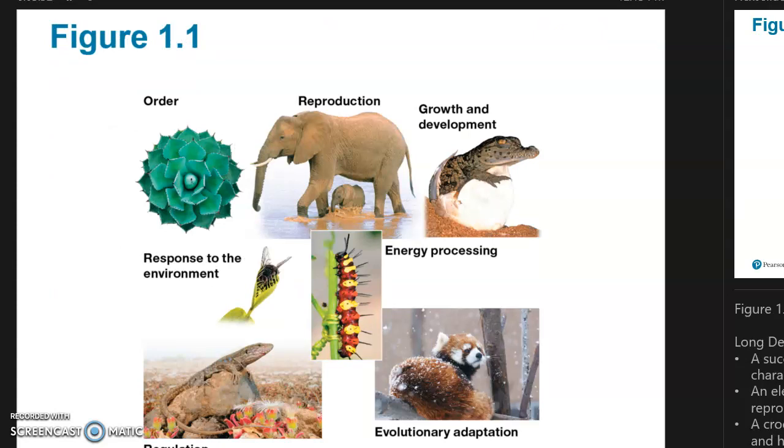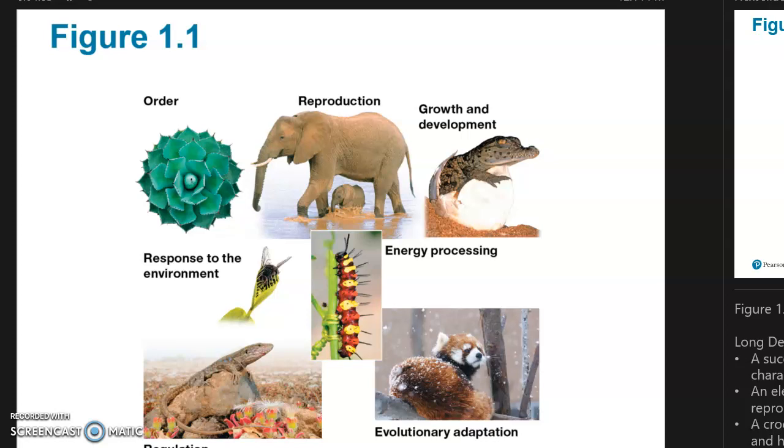Okay, so order, any type of organization, that's showing a hens and chicks plant or a sempervivum plant and how the leaves are organized. Reproduction, growth and development: organisms, even the more complex ones, start out as a single cell, and that cell divides, and as you get more cells, those cells differentiate to form specialized cells, which come together to form tissues and organs and organ systems.